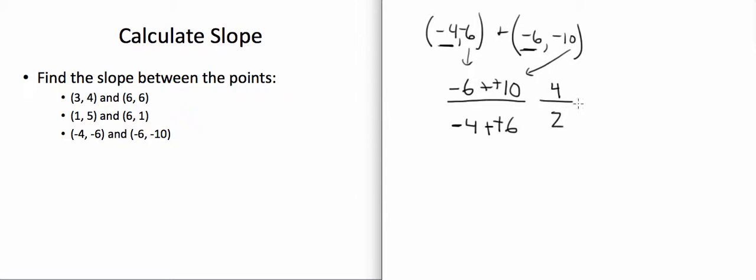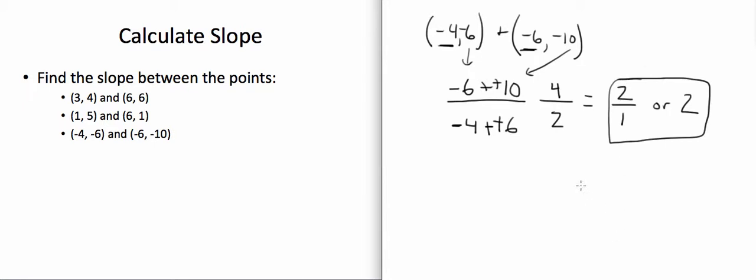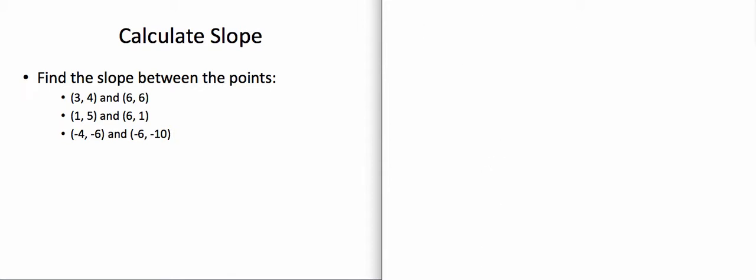And we can reduce this to 2 over 1, or just 2. And that gives us our slope there. If we plot this on a graph and do the slope triangle as well, we would get the same answer. Okay, so anytime that you have the ability to simplify, simplify it. Okay, so that is calculating the slope.